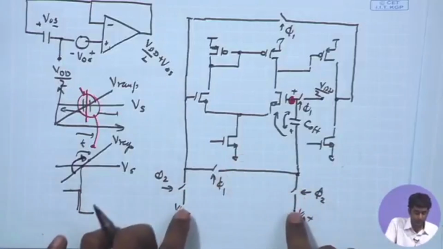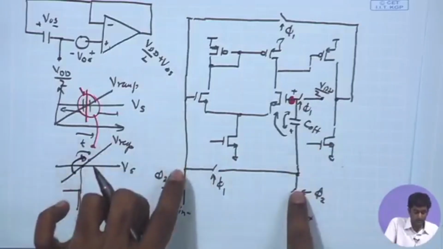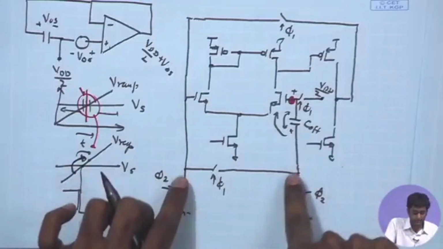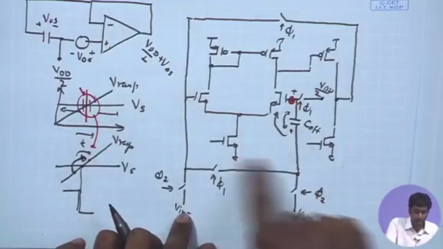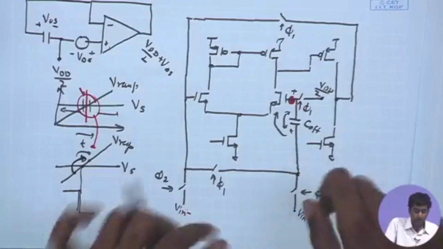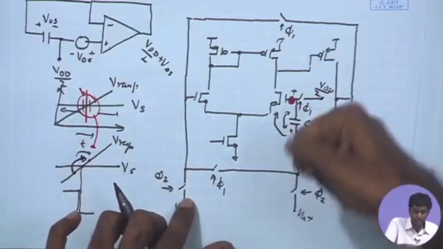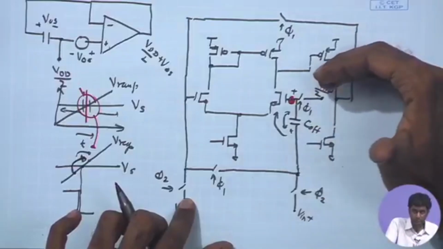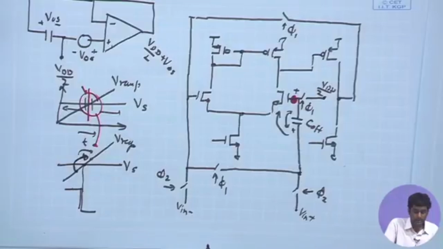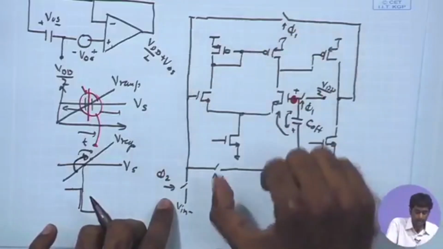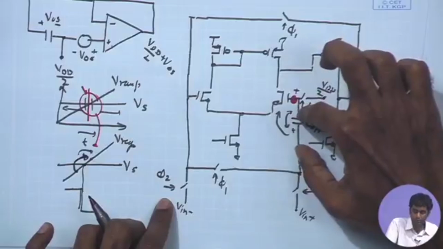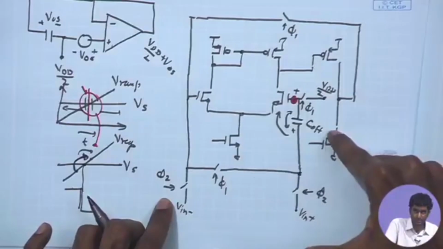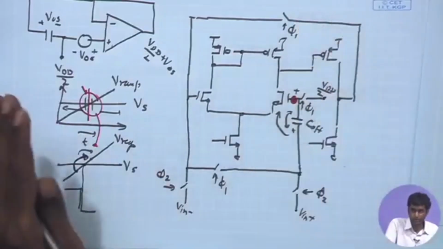Offset voltage is a point where, if you have the voltage follower configuration and the two inputs are almost at a similar point, you are trying to see what is the minimum voltage that you can apply at the positive terminal so that the output is close to say VDD by 2. That difference or that voltage has been anyway stored across the C offset. So, that also has the effect of the uncertainty in the output stages captured in V offset. So, we need not worry about this at this point.